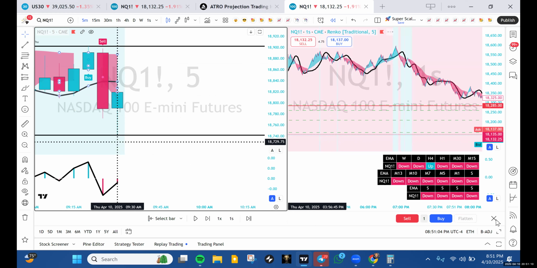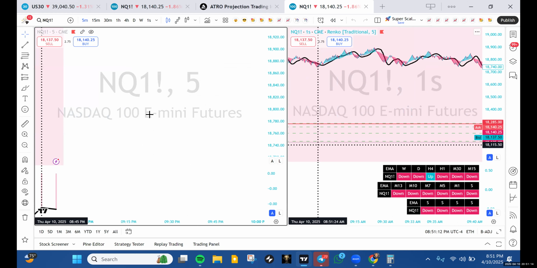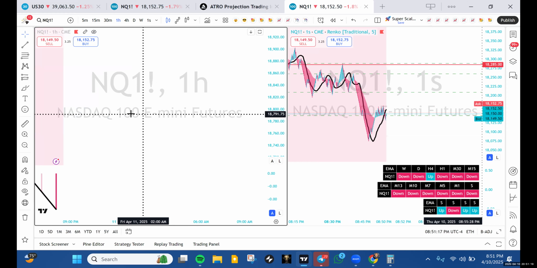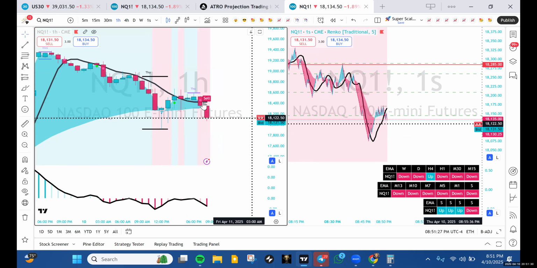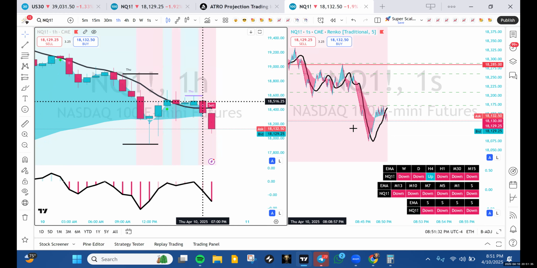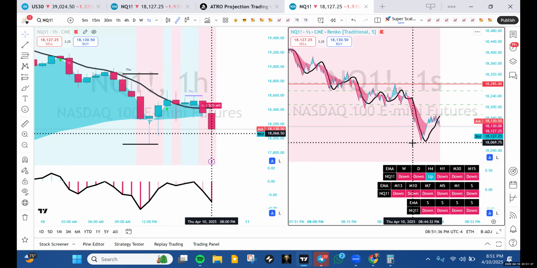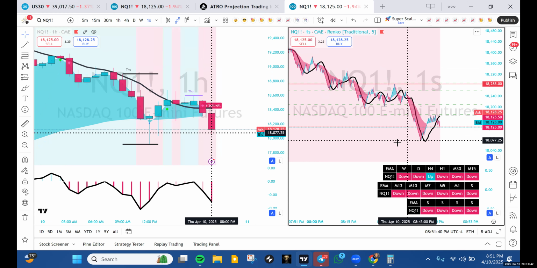So maybe this. Let's get out of this replay. What I want you guys to see is what most people work off of is an hour to 15 minute, or a lot of people use those for it, which is great. And in comparison, a lot of times you can use that in terms of the support and resistance to get into some really good moves.